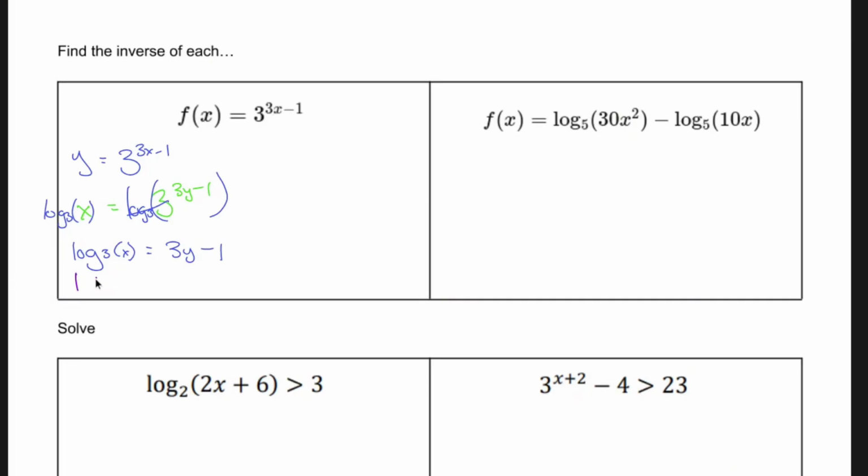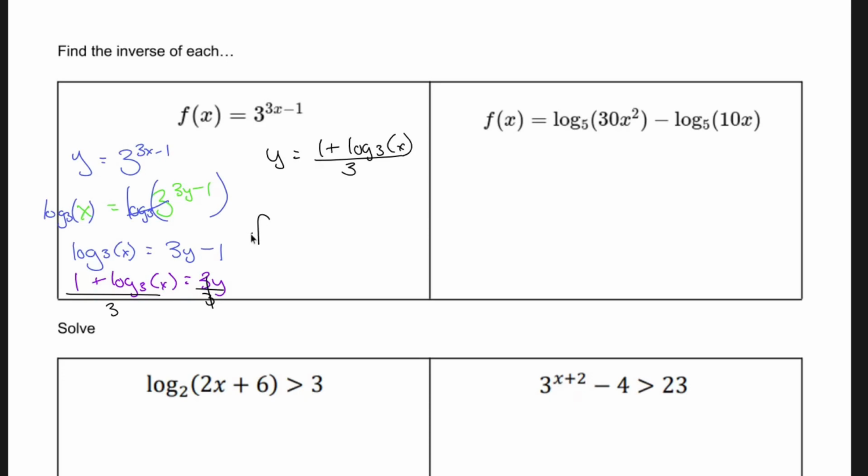Add 1 to both sides, so 1 plus log base 3 of x equals 3y. Divide everything by 3, and you get y equals 1 plus log base 3 of x, all over 3. Probably a little bit friendlier to write it out this way.